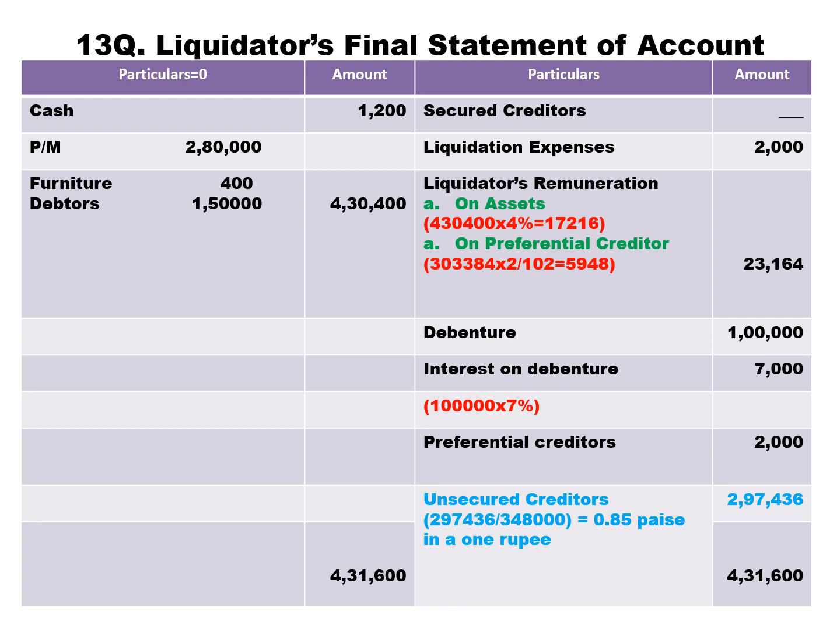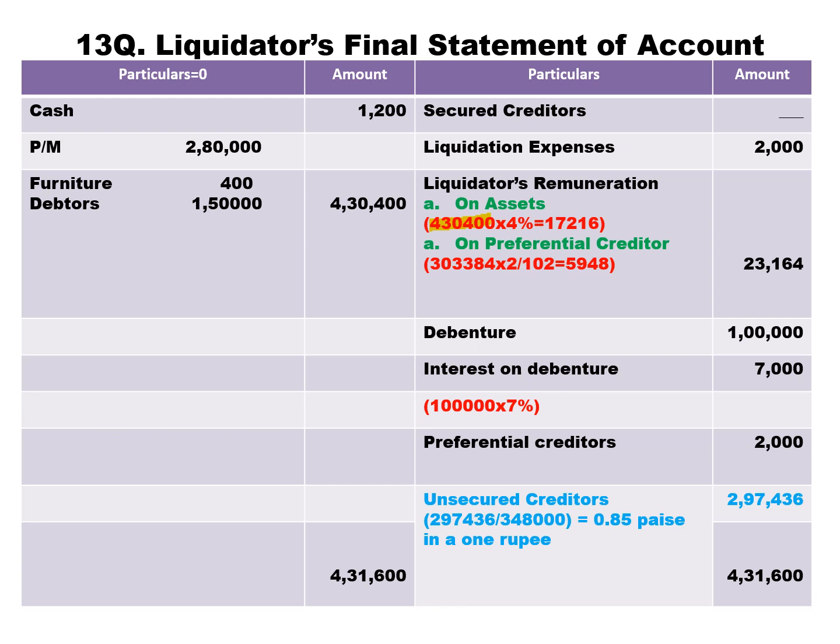Remuneration is calculated on assets and on unsecured creditors. On assets realized 4,30,400 into 4%, so you get 17,216. Remuneration on unsecured creditors, always keep it pending.